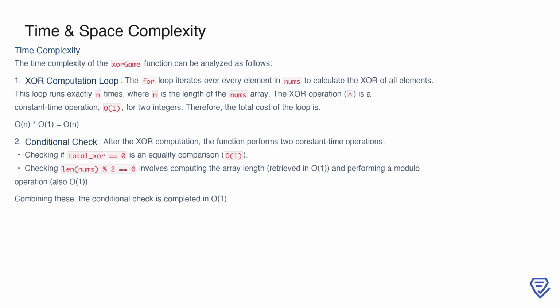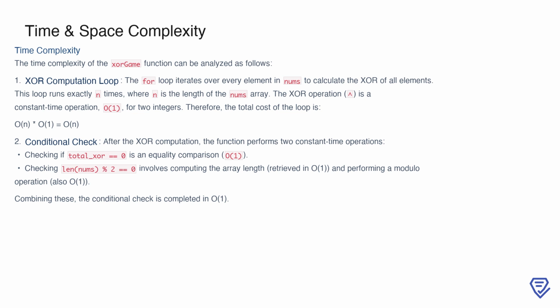Here, we analyze the time complexity of the XOR game function by breaking it into its components. First, the XOR computation loop iterates over every element in the array nums, calculating the XOR of all elements. Since this loop runs exactly n times, where n is the length of the array, and each XOR operation takes constant time, the cost of this loop is O(n).